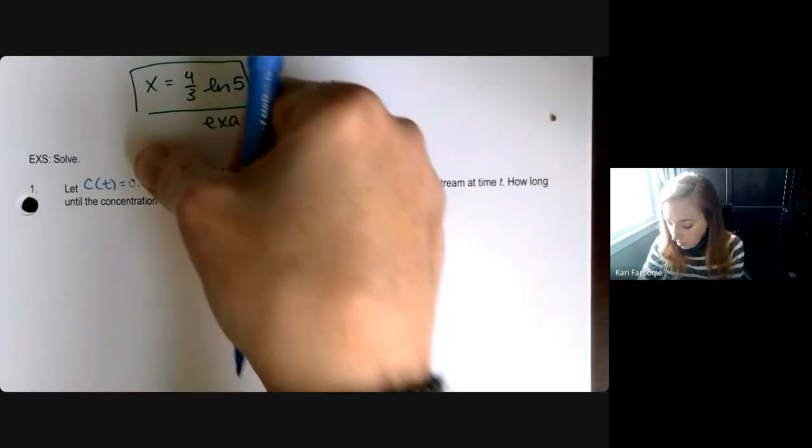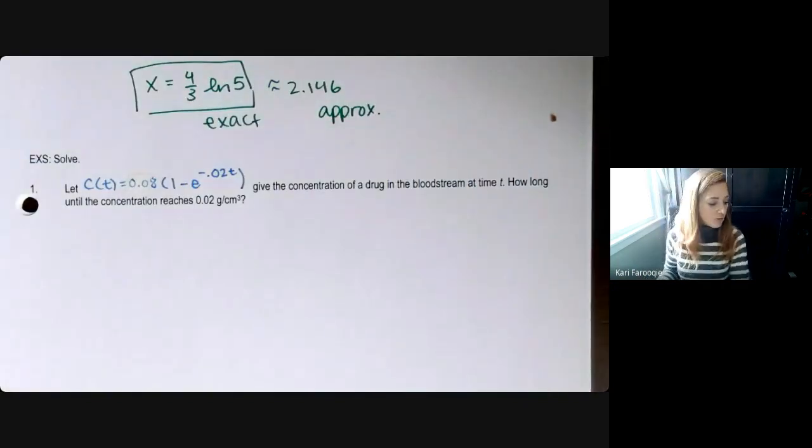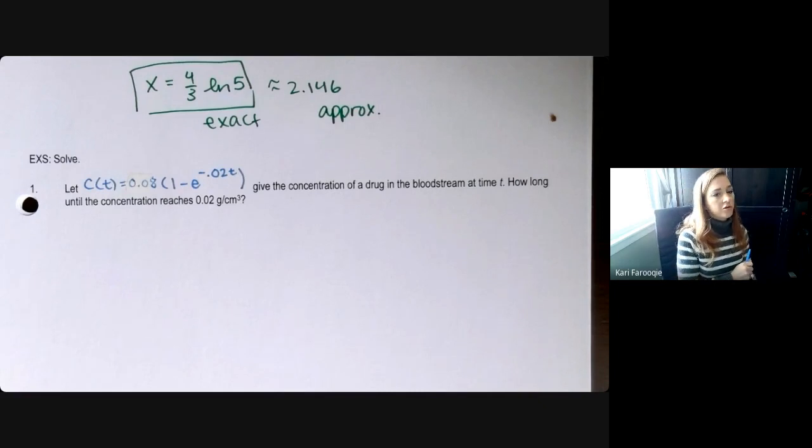Okay, so C is equal to 0.08 times 1 minus e to the negative 0.02 t. We're going to let this function give the concentration of a drug in the bloodstream at time t. How long until the concentration reaches 0.02 grams per centimeter cubed?